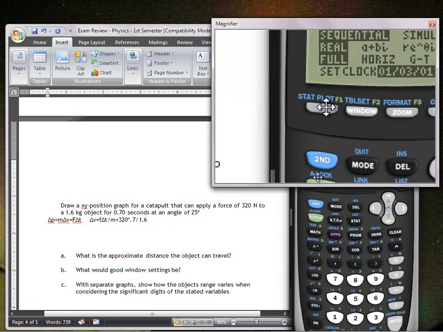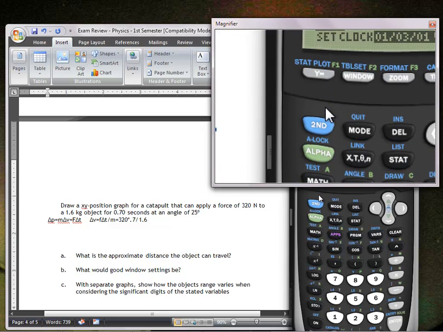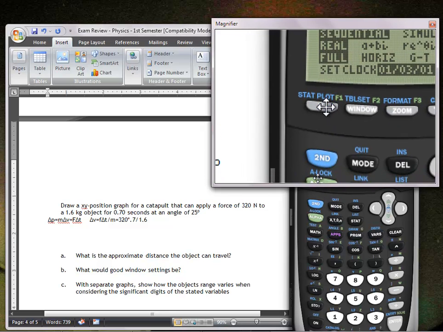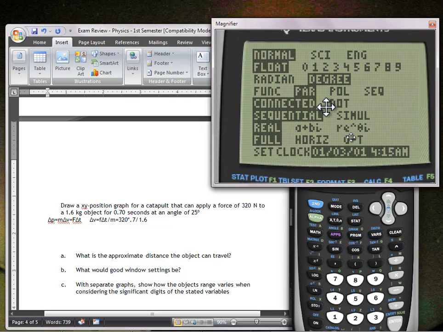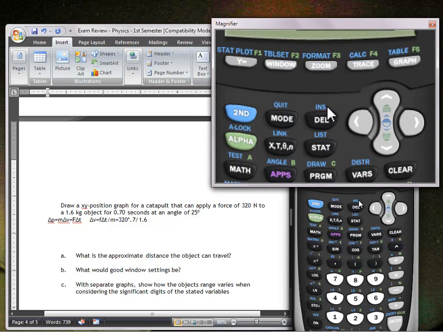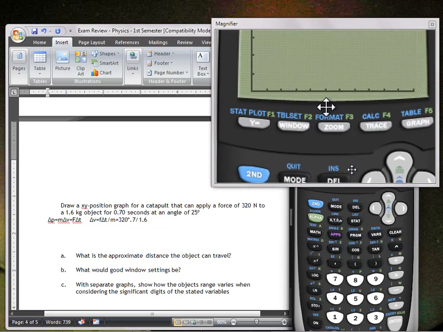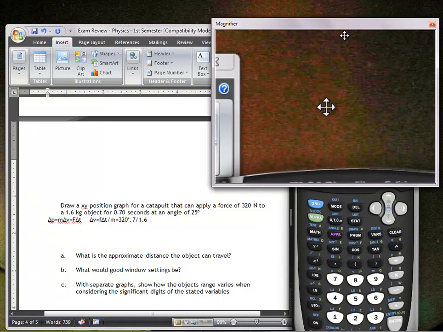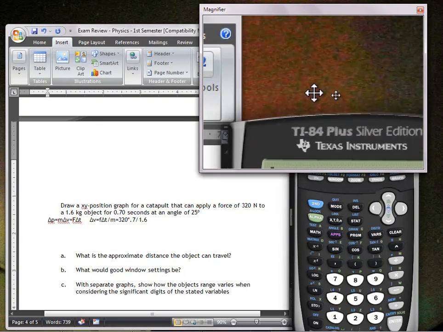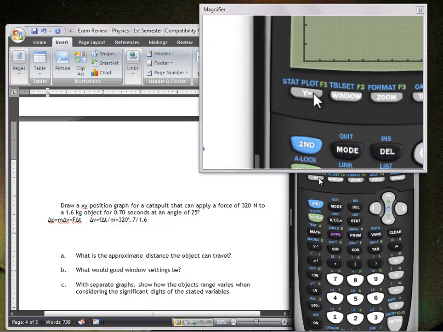I can get to it here. Maybe I can't get to it. Let's try this again. I gotta move my magnifying glass. There we go.